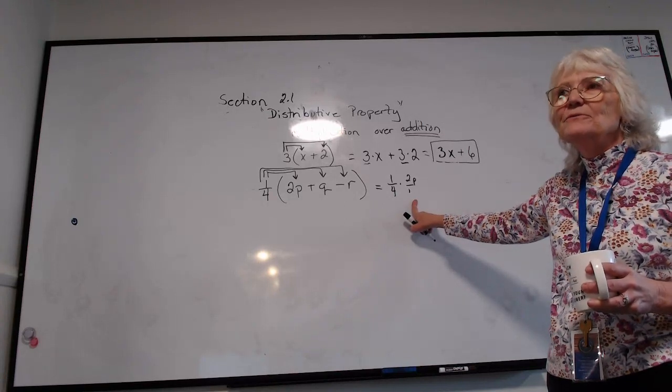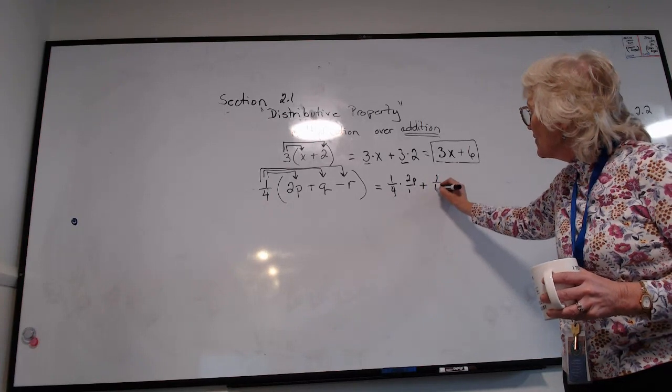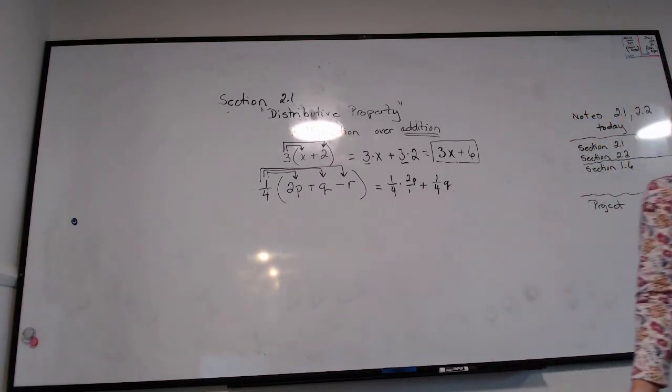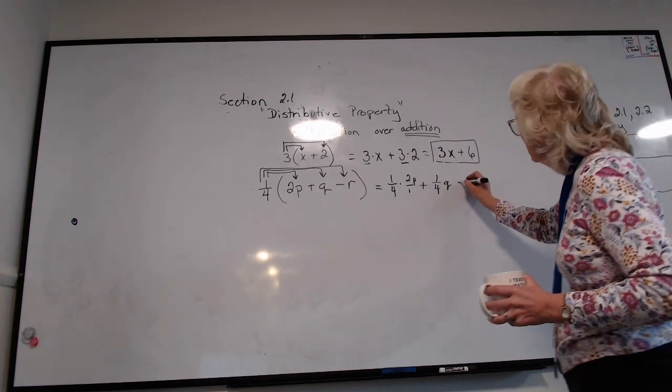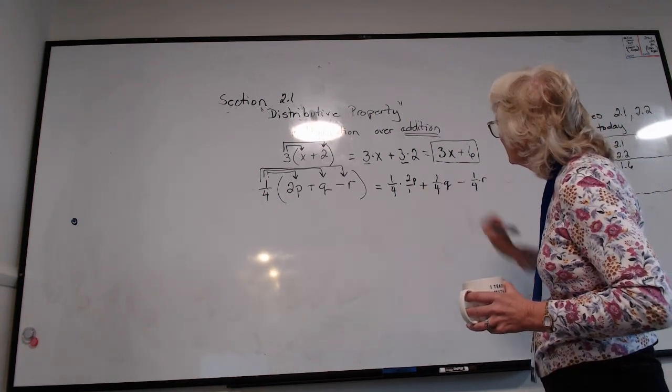That's what we do. Okay, plus 1/4 q. I don't really need to write the q over 1. When I multiply by 1/4 q, it's 1/4 q. Then we're going to minus 1/4 r. Okay, we can put the little signs in there.